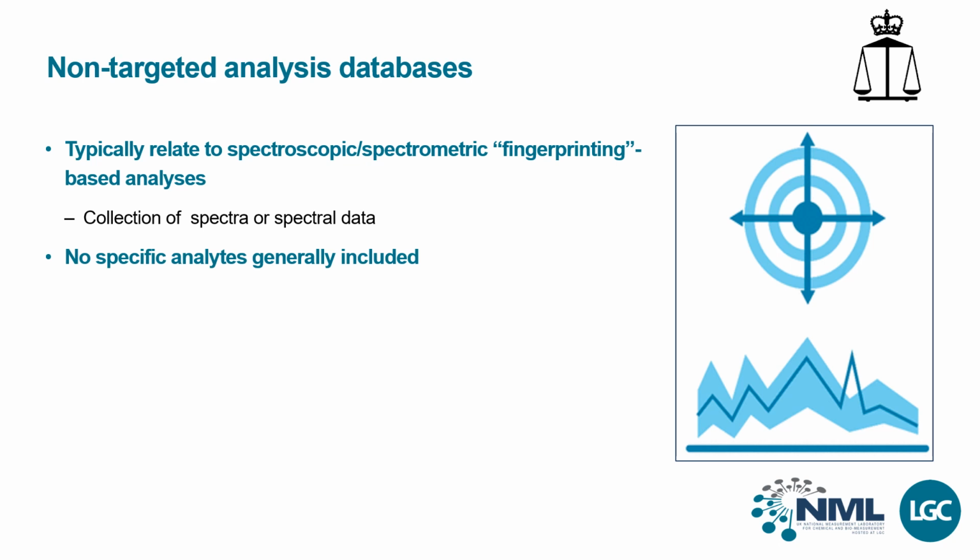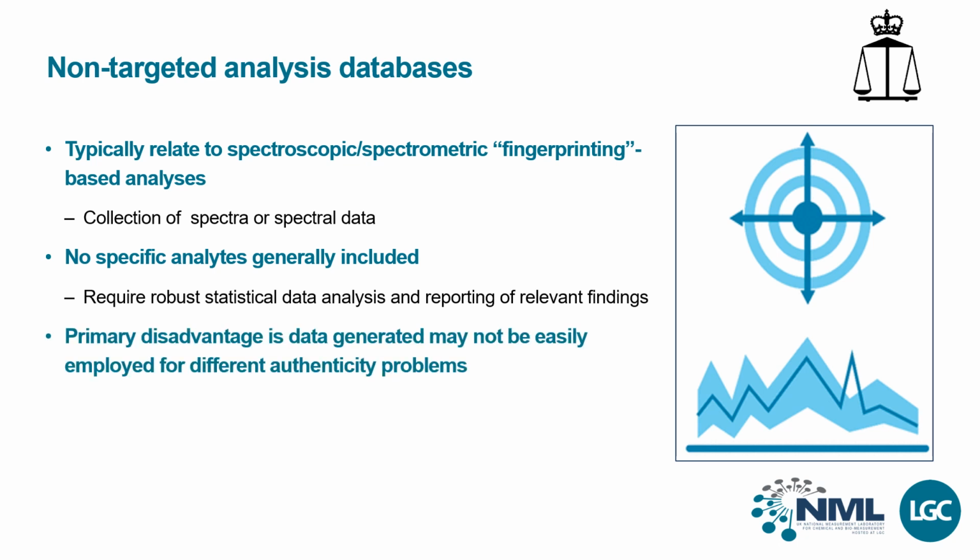No specific analytes tend to be included for the samples employed with database construction, but application of the data requires the use of robust statistical analysis followed by reporting of any relevant findings. A major disadvantage of this format of database is that the data generated may not easily be employed for different authenticity problems, and so tend to be restricted in the potential applications they can be employed with.